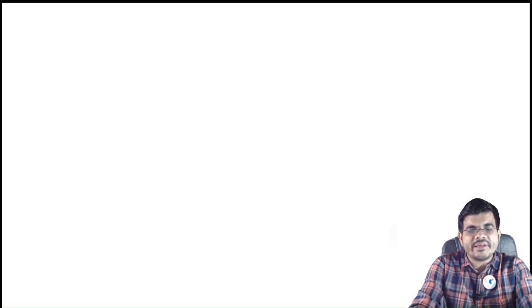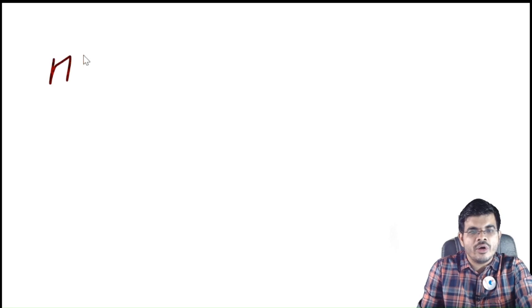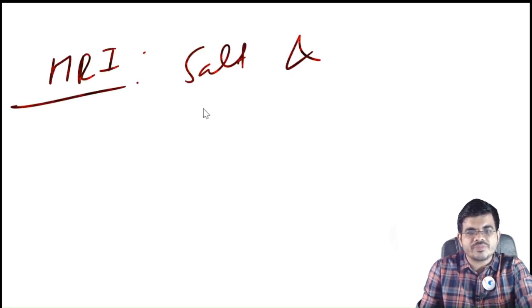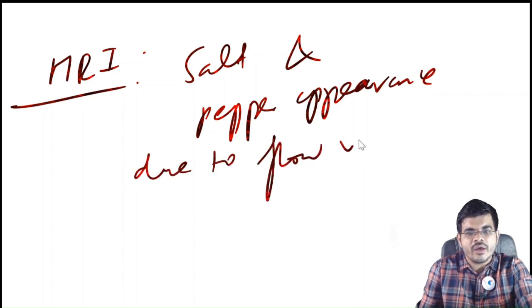Now, what are the other investigations that can be done? You can do an MRI. When you do an MRI, what are the things that you can look for? MRI will show a salt and pepper appearance, because of the flow voids.